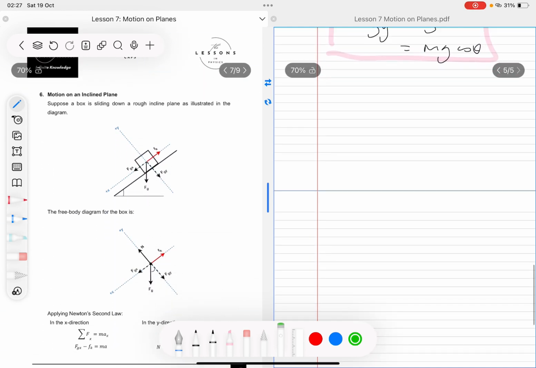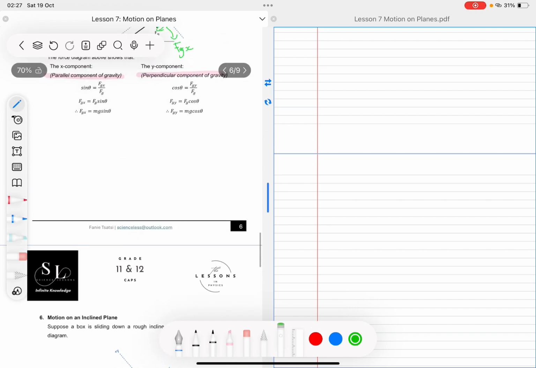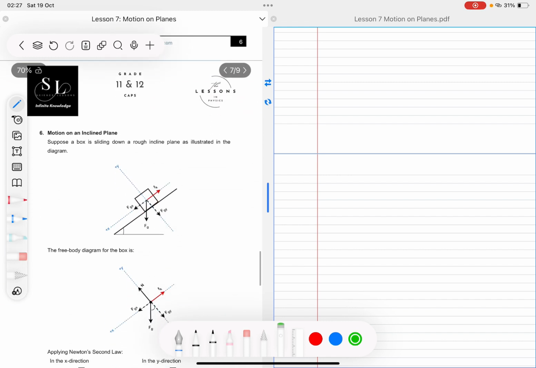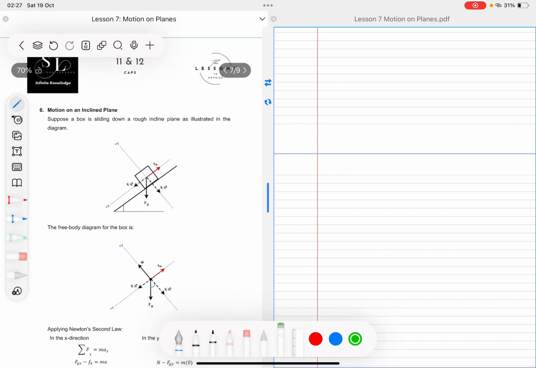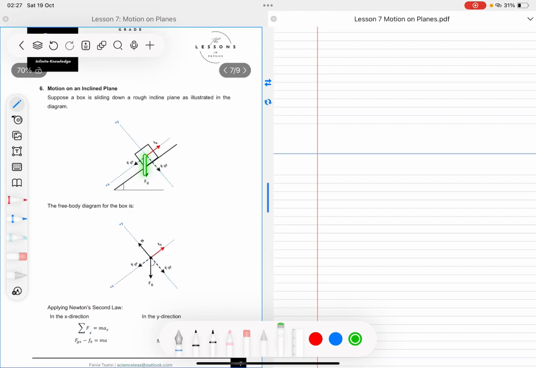Another scenario that's worth looking at. So here basically I'm doing the same situation as we did at the top, except now I'm going to include the normal force and the frictional force, because remember, if we were to put a box on an inclined plane, the force of gravity will act such that it has these two components, and what will happen is that this component here will start pushing the box to go down, and that means the surfaces will be in contact with each other, producing the frictional force, the kinetic frictional force.